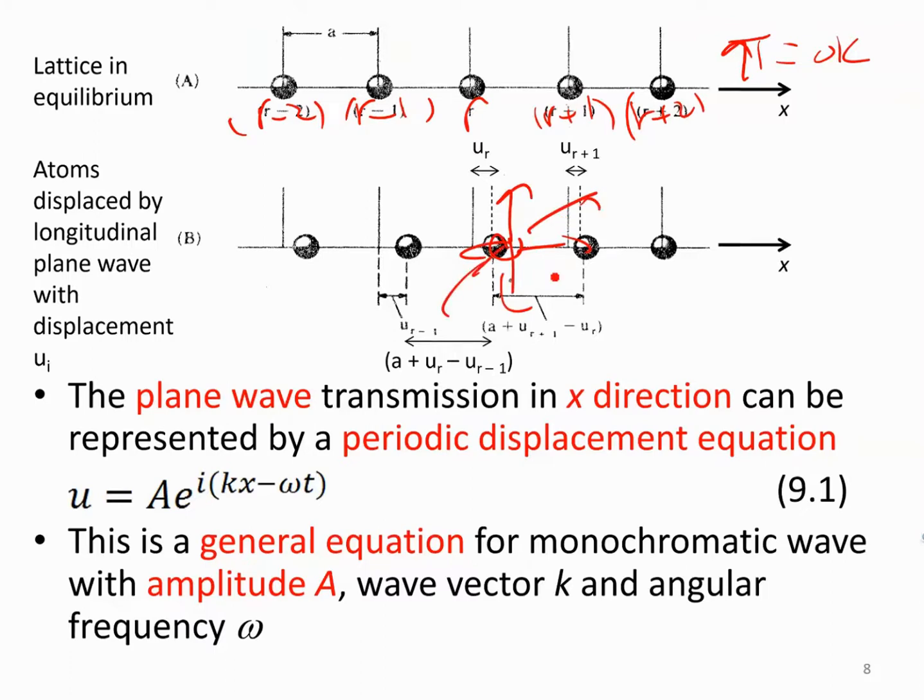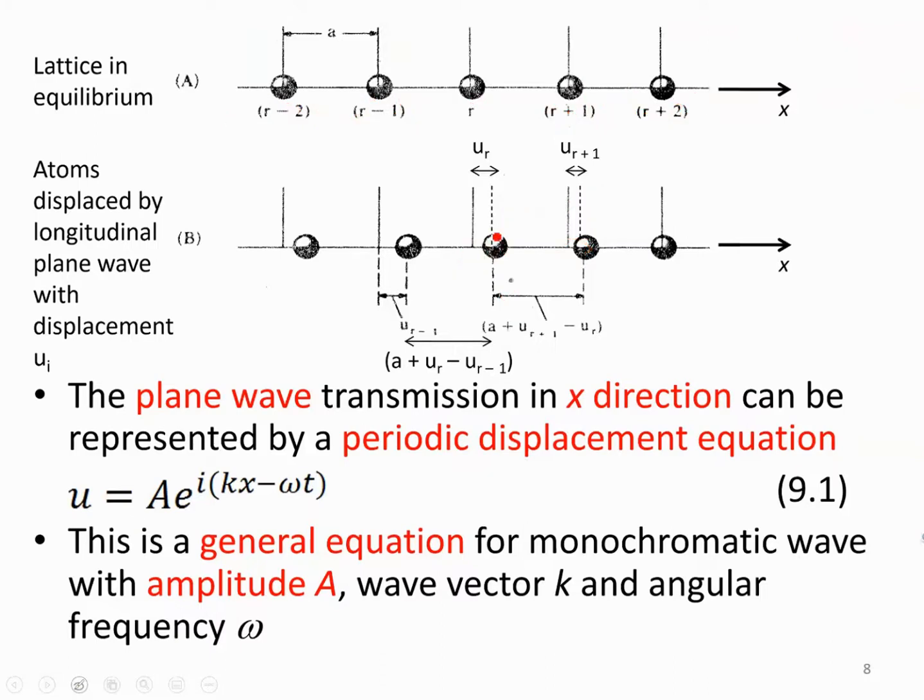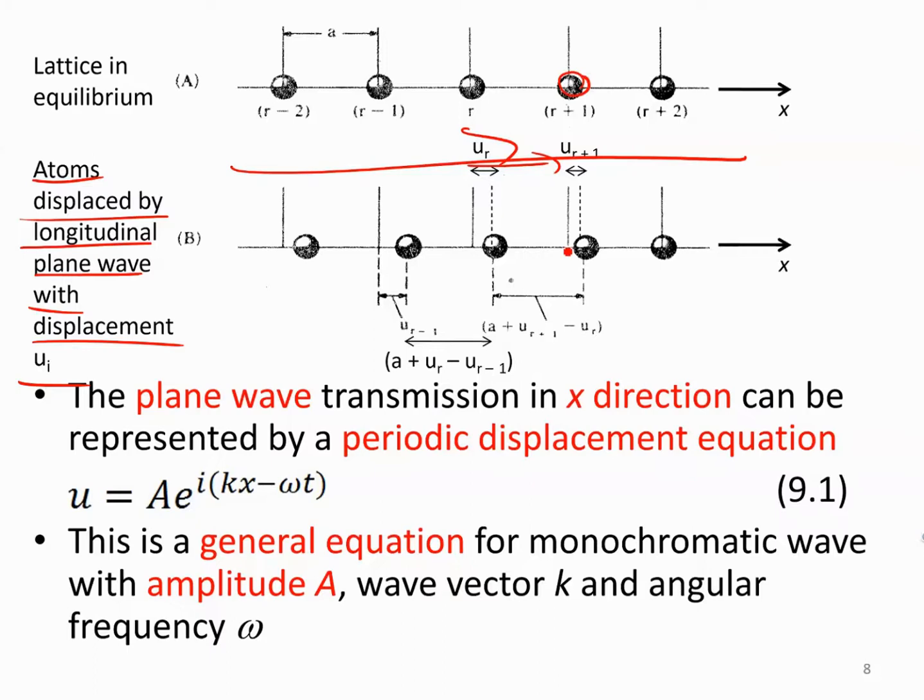But to simplify, we only consider that the atoms only move in one direction, along the X direction, positive X and negative X direction. So each atom, you can see that it moves with a different degree of freedom. Now the atom is displaced by a longitudinal plane wave with displacement UI. So the wave is along this direction. It actually moves the atom along that direction, you see this atom R+1 from this position to this position by the wave transmission.